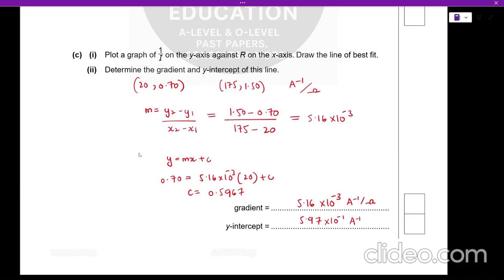We found the y-intercept using y equals mx plus c, as I used the false origin. So the y-intercept was going to be 5.97 into 10 power minus 1 A minus 1, as it was the y-axis, and the gradient was 5.16 into 10 power minus 3 A minus 1 per ohm, or you could also write it as 1 over amp ohm.